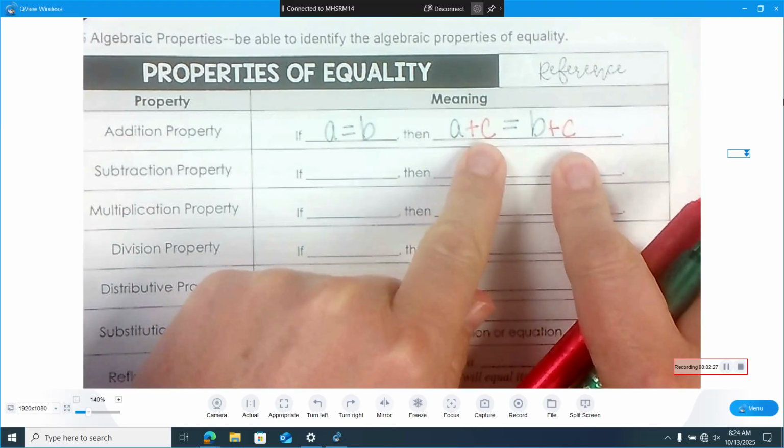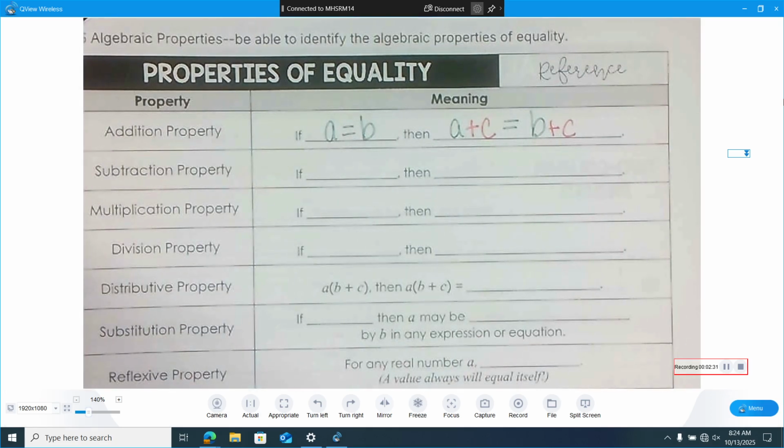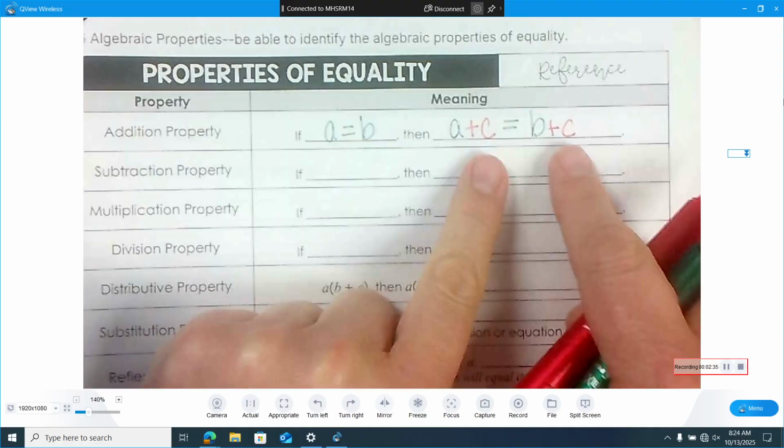So I can add something to both sides of the equation. Add it to the left and add it to the right. And so you can see here what changed.